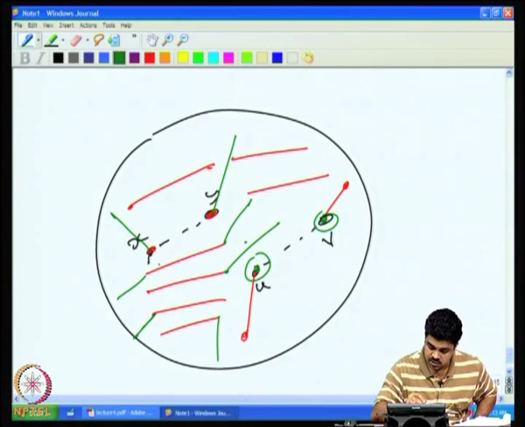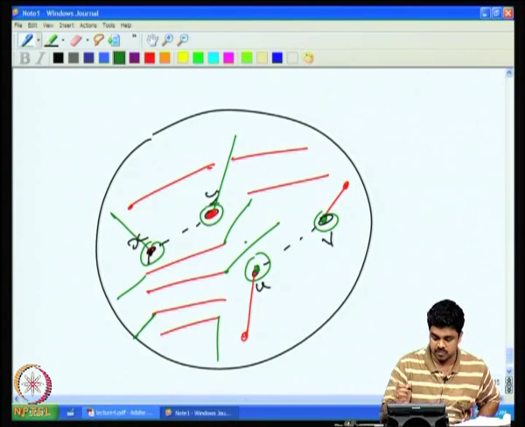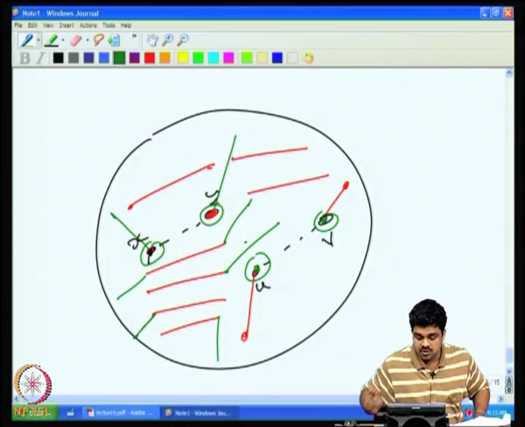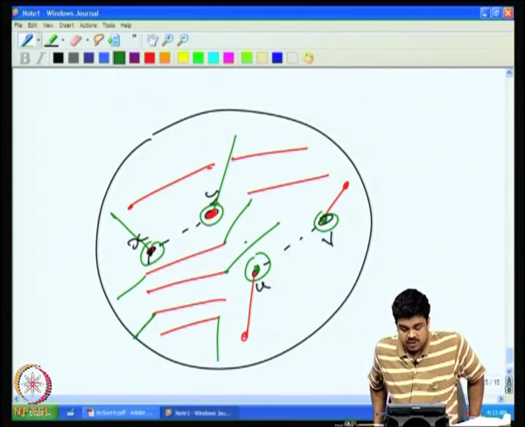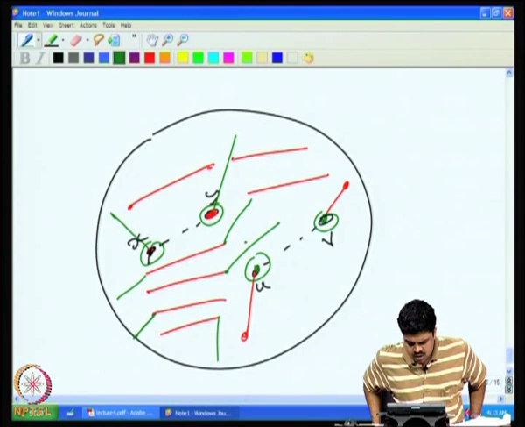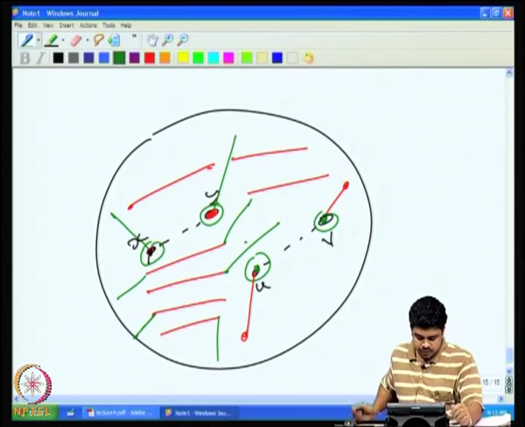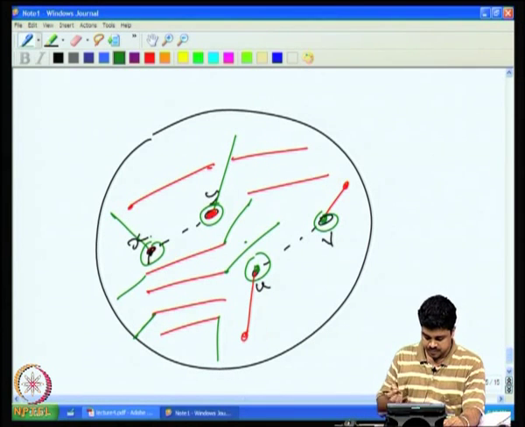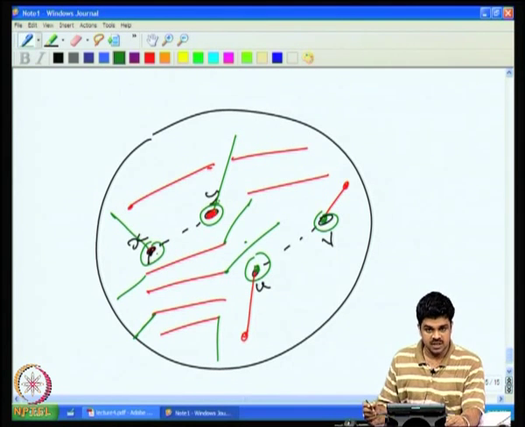With respect to the red matching, only x and y were unmatched. With respect to the green matching, u and v are unmatched. Now, what is the good thing about this? The good thing is, for instance, if I start traveling from x and I am trying to reach the vertex y.